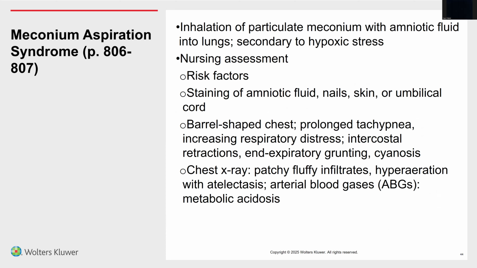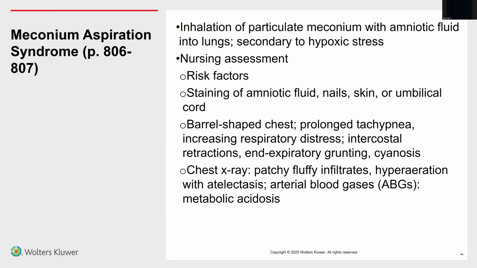Is there something going on with mom that could cause stress on the baby? Things like that. The amniotic fluid is going to be stained a shade of green color. It could be light all the way to pea soup thick. Their nails, skin, and umbilical cord can also be stained. The vernix caseosa can be stained if they're preterm or if they have any vernix caseosa on them.